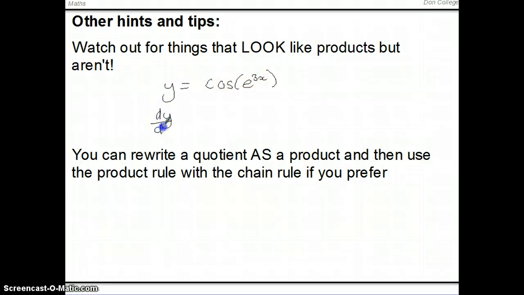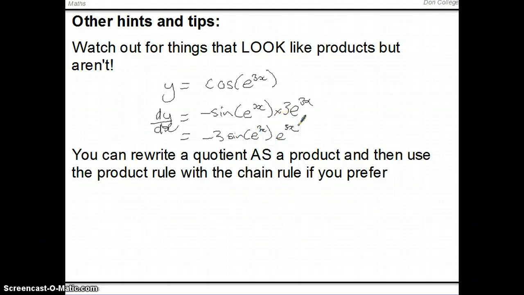So dy dx, or y dash, would be negative sine of e to the 3x multiplied by this differentiated, 3e to the 3x. So it would be negative 3 sine e to the 3x, e to the 3x, like that.